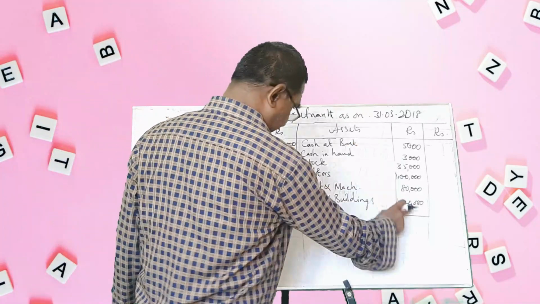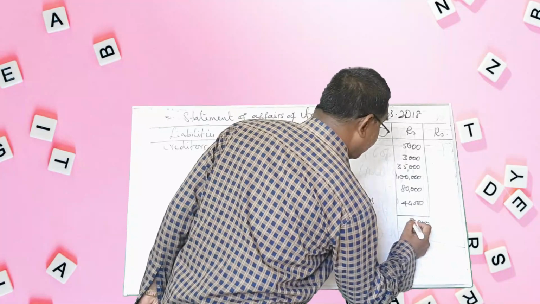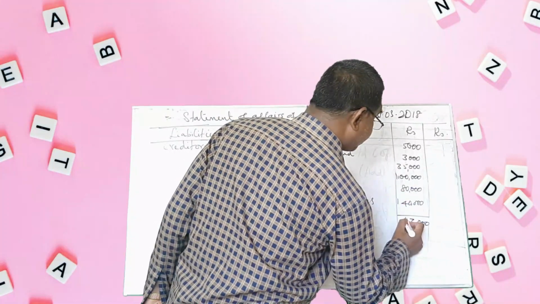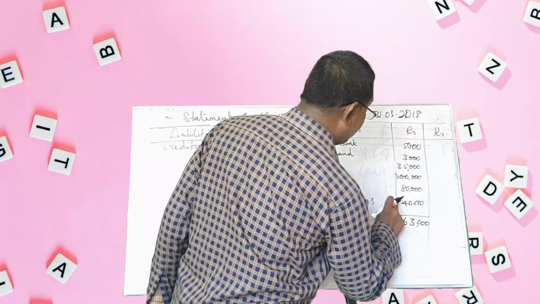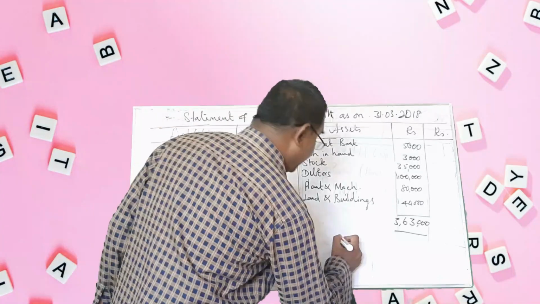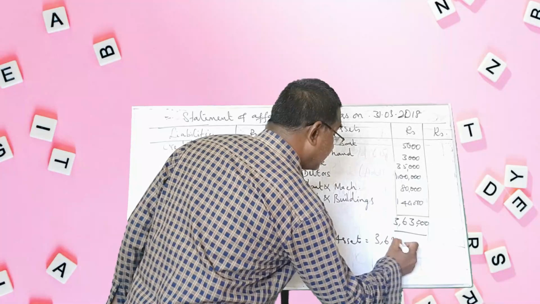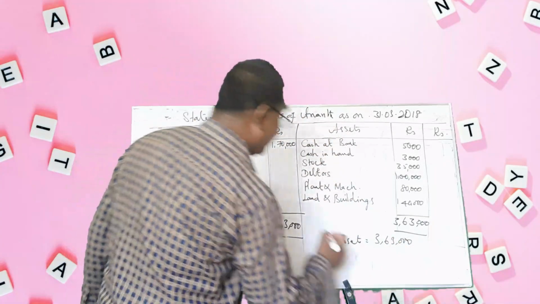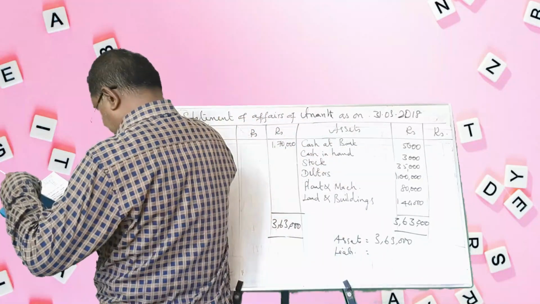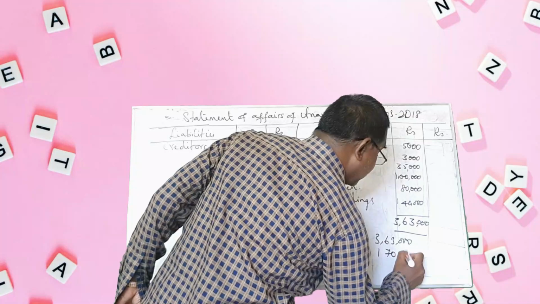First, let us find out the assets total. 5, 8, 13, 1, 5, 13, 16. Remember, remainder 1, 2, 3. 3,63,000. Say assets is equal to 3,63,000, and liabilities total is 1,70,000.